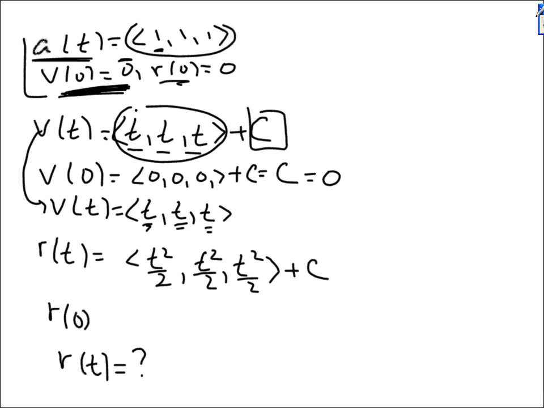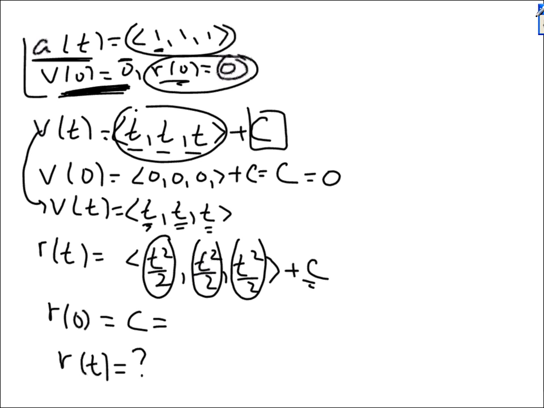They told us r of 0 was 0. Well, on one hand, r of 0 is 0 squared over 2, which is 0, 0, 0, plus c. It's c. On the other hand, they told me that r of 0 was 0. So now I know that c is 0.